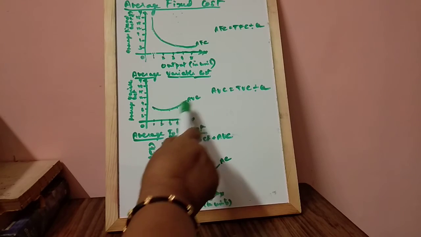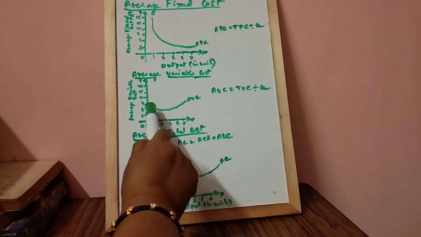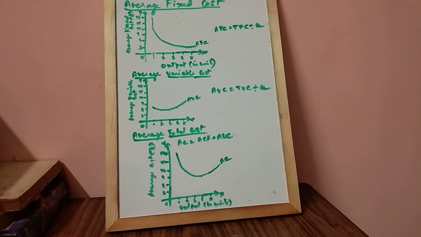This diagram shows how the AVC functions, and when it is plotted in the graph, you find it initially falls and once the output reaches the optimum level, it starts rising.